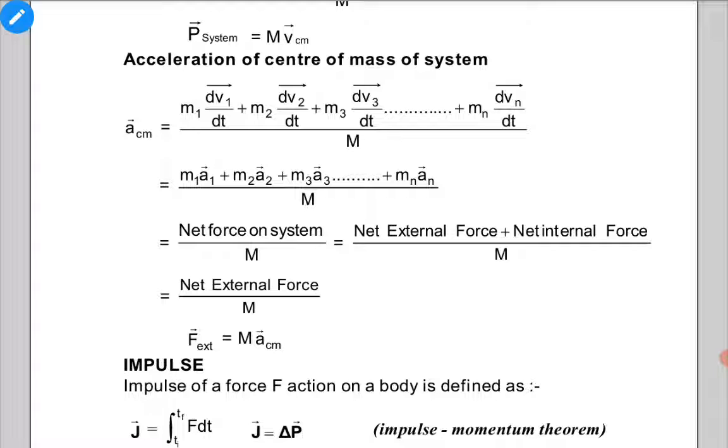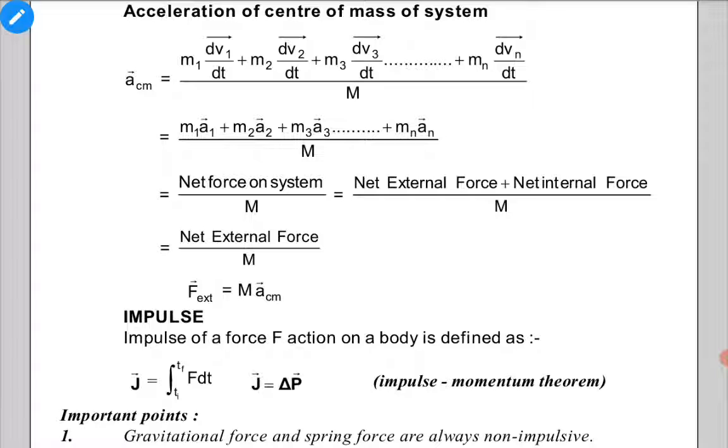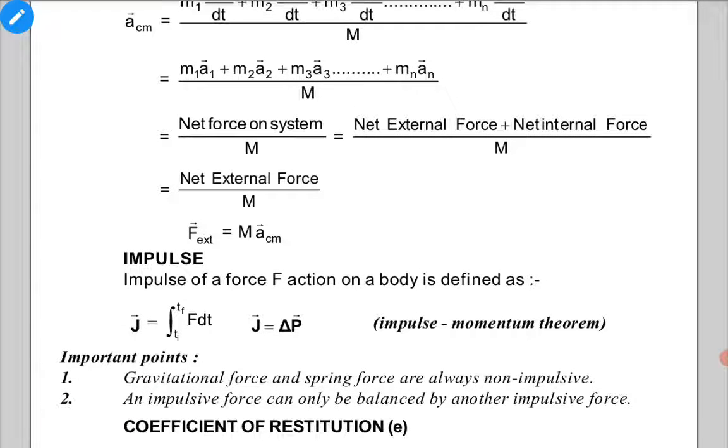That is equal to net force on the system upon mass, that is equal to net external force plus net internal force upon total mass. F external equals m into acceleration of the center of mass.